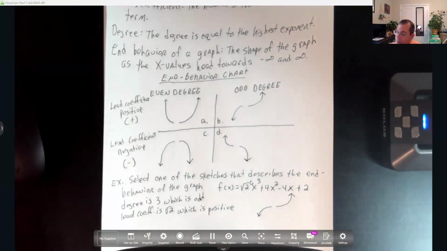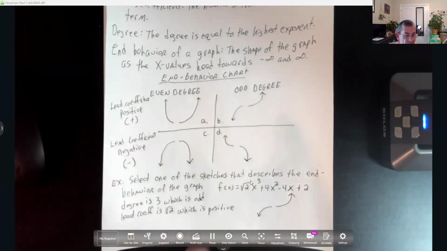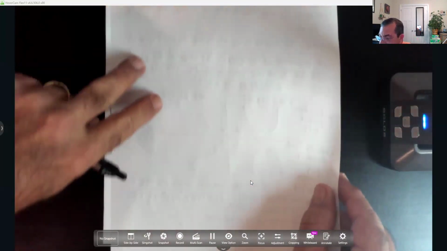They'll have four pictures of these four sketches, and we just pick the one that matches what we're given. I'm going to try y'all on this next one, so let's see what y'all do with this.